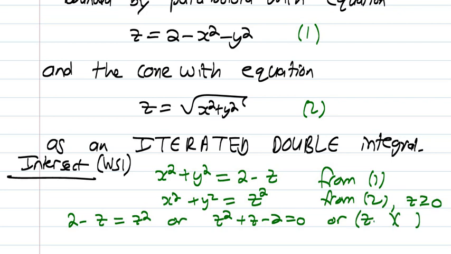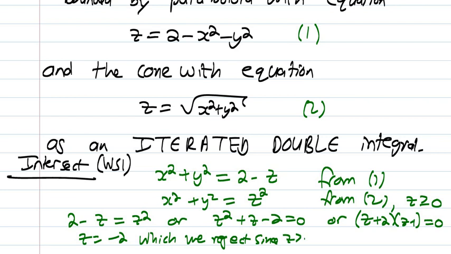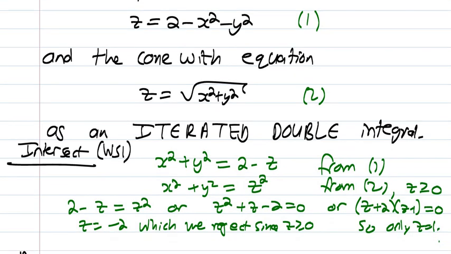So we see that z plus 2 and z minus 1 are the two linear factors of this polynomial of degree 2. So we see z equals minus 2, which we reject. Why? Since z is greater than or equal to 0, only z equals 1 works.